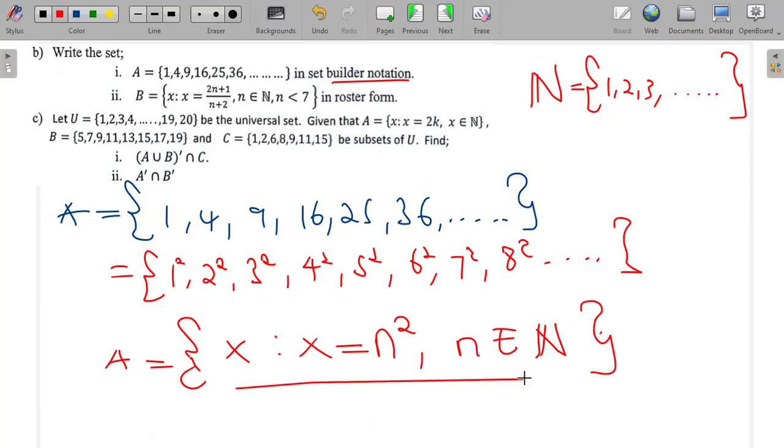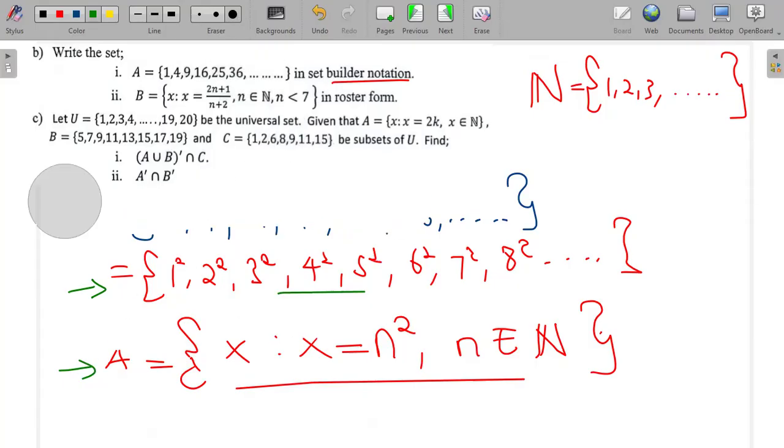This description gives us the idea of what elements should appear here, which are the ones we were given on top. This is the roster form, and this is the set builder notation.